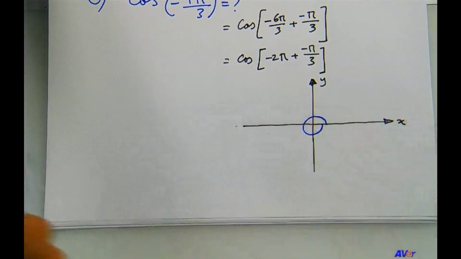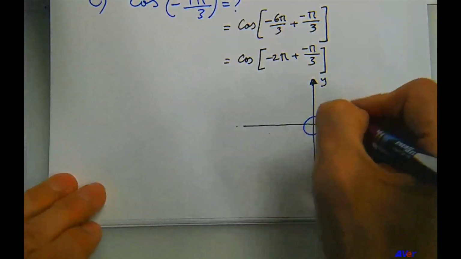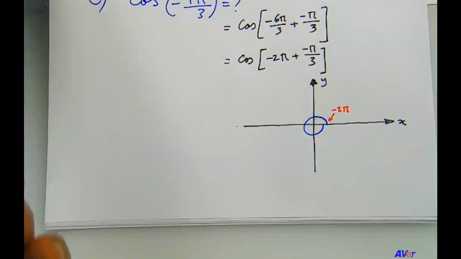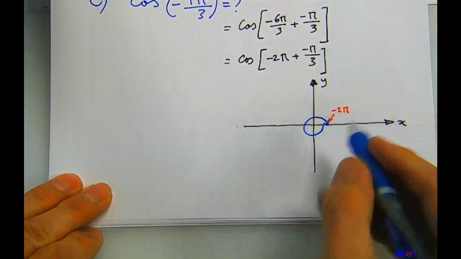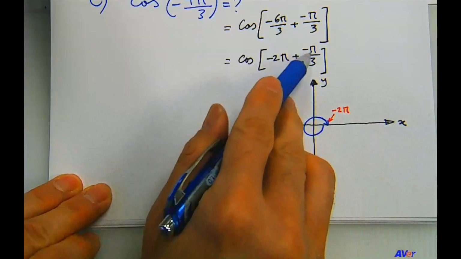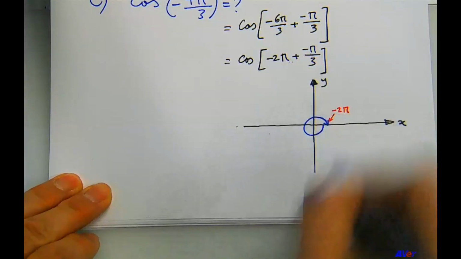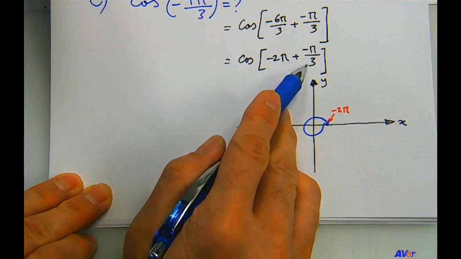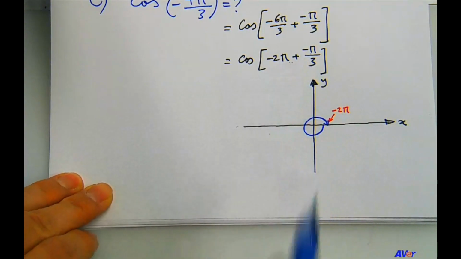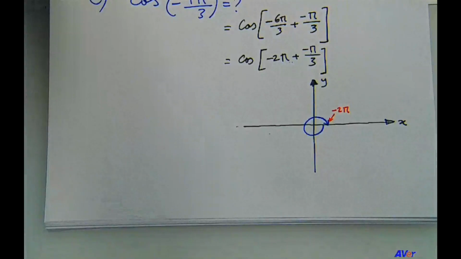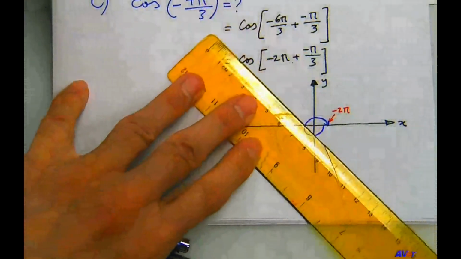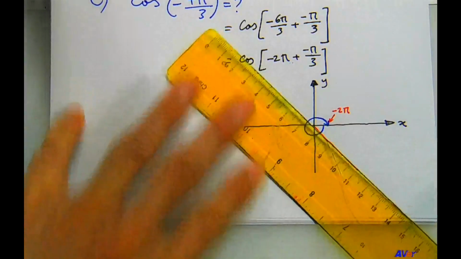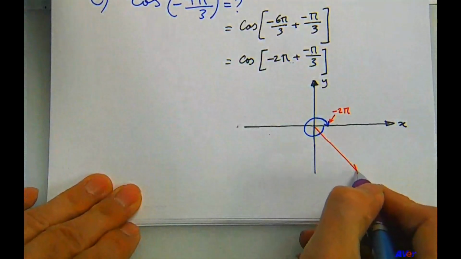So up to this point is minus 2 pi, and then we keep going, plus minus pi over 3 in the clockwise direction. Minus pi over 3 is just 60 degrees. So we end up with the terminal side somewhere here in the fourth quadrant.